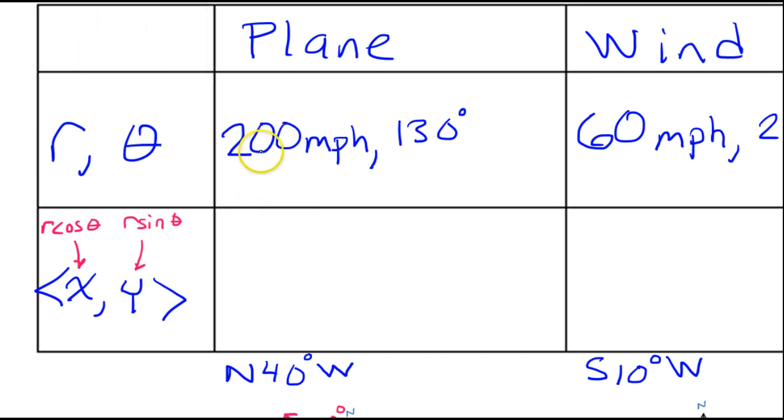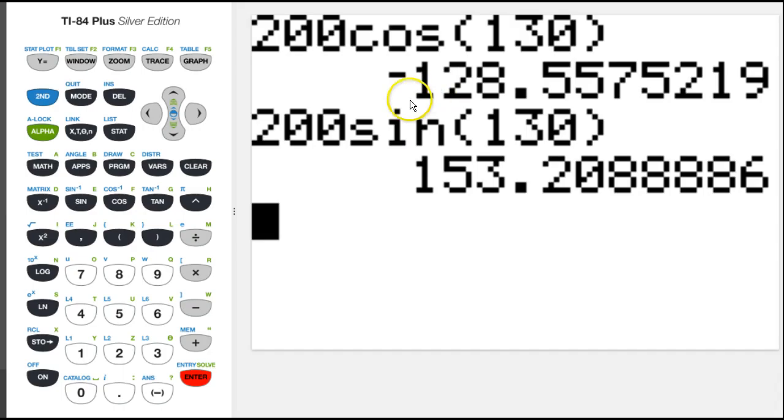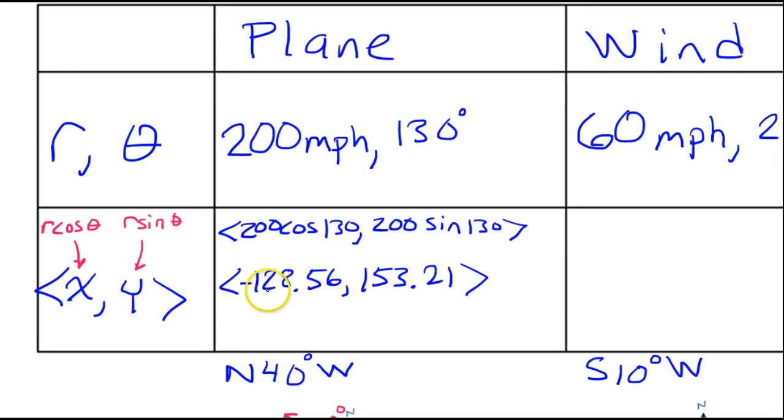So for the plane magnitude and direction, r and theta, r cosine theta is 200 cosine 130. R sine theta is 200 sine 130. Calculator. So the horizontal component is negative 128.56 and the vertical component is 153.21. And we will record that here on the chart.